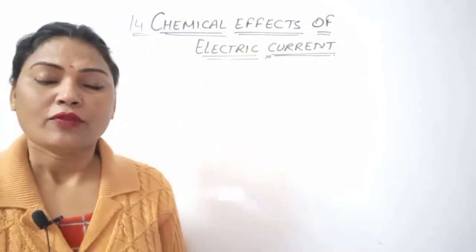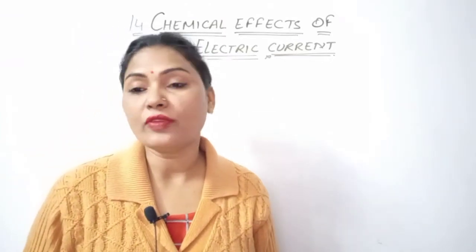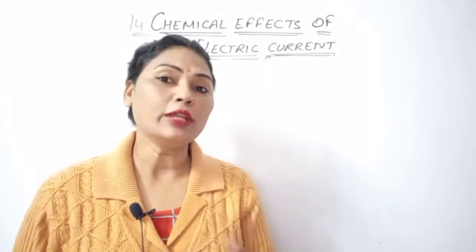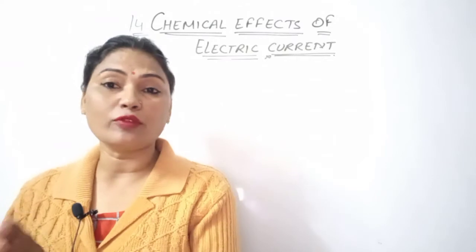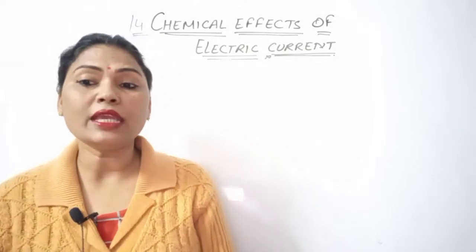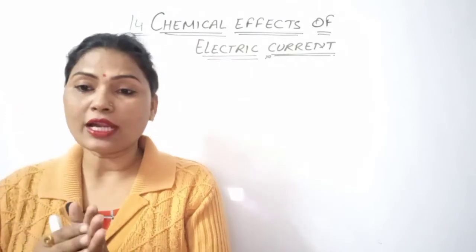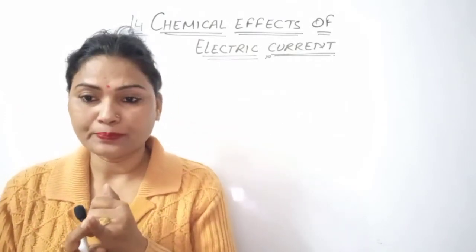Before that, I want to discuss the characteristics of a good electrolyte. Do you know what the different characteristics of a good electrolyte are? A good electrolyte should have different properties. It should be highly soluble in water.